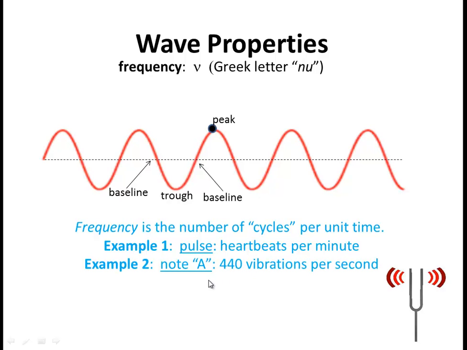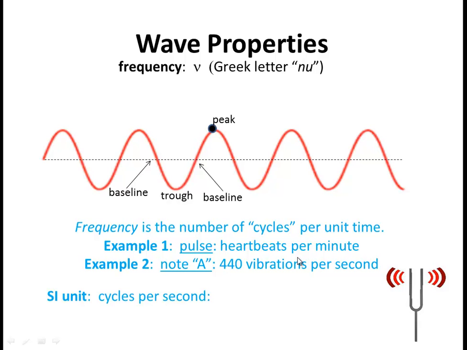Another one, for those of you who are a little bit familiar with music: in the treble clef, the A in the middle of the staff corresponds to 440 vibrations per second. If you have an A tuning fork, it will have 440 etched on the stem, and that means that when you tap it on your knee, the metal vibrates back and forth 440 times every second.